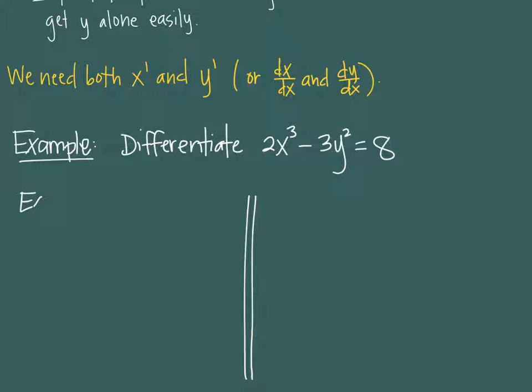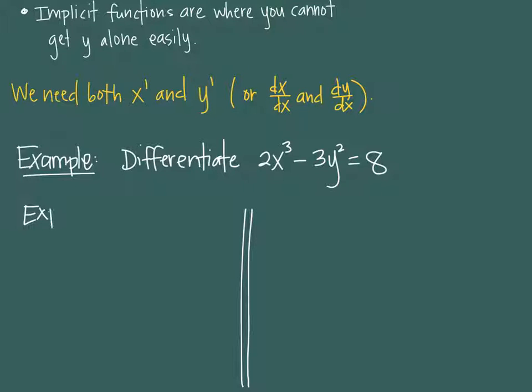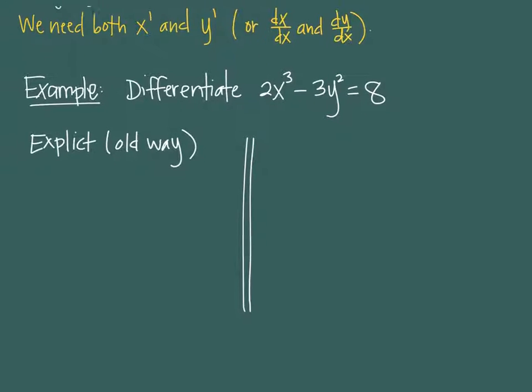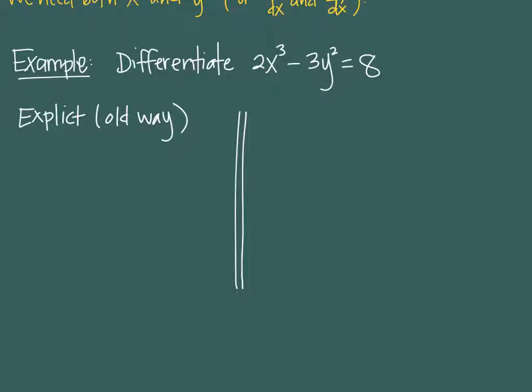I would like to compare and contrast with you the difference to hopefully make my case that implicit is sometimes better than explicit. So I would like to do explicit with you first, which is the old way, and then I want to show you implicit, which is the new way, or a different way.